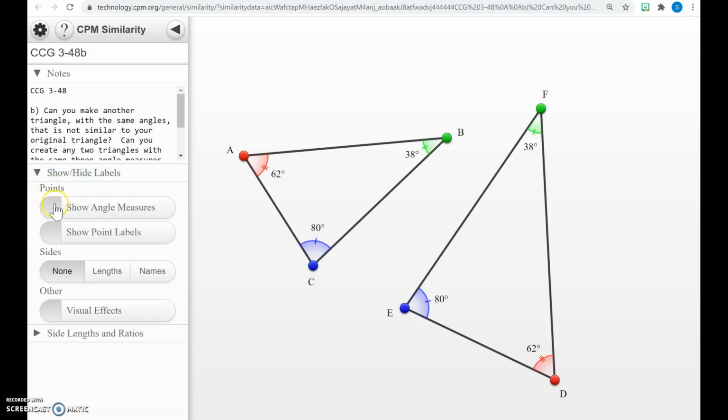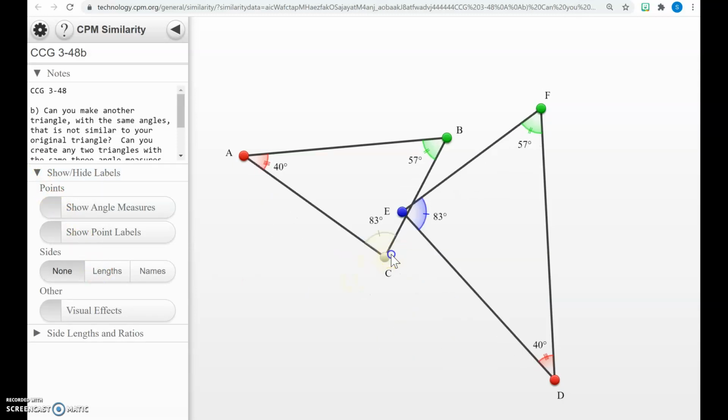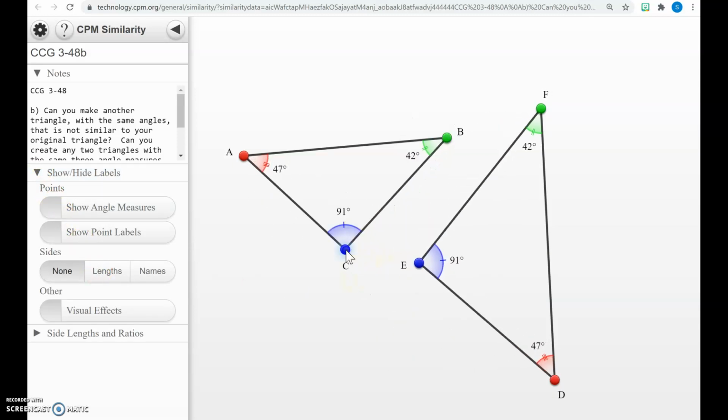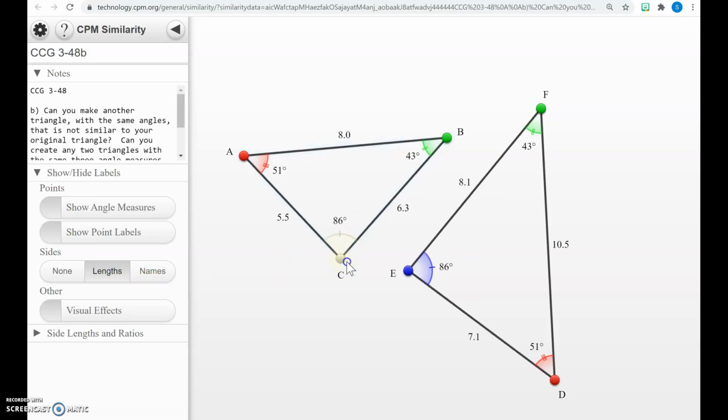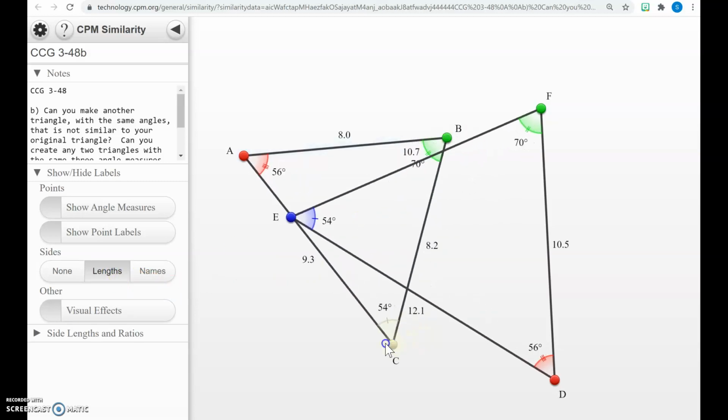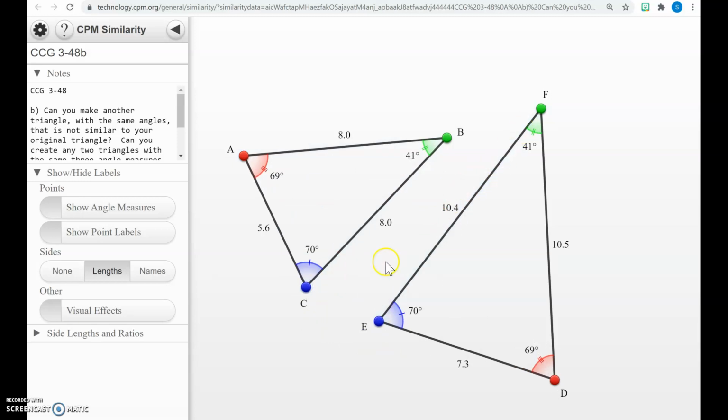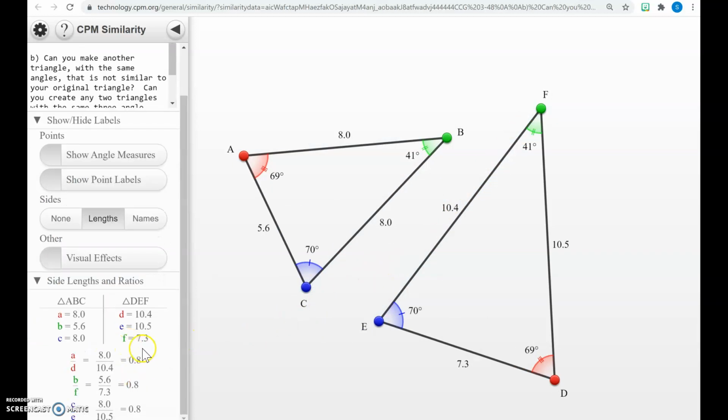What I'm going to do is show what their lengths are. So if I move these, bam, bam, bam, both of them move all together. The green ones match up and the blue ones match up. Now I'm going to throw some side lengths in there. As I move, these side lengths also move, but if you notice, the angles always stay the same. This shows the ratios between the different numbers.